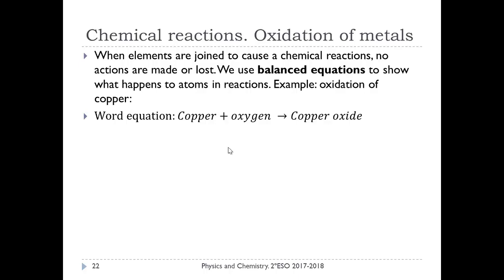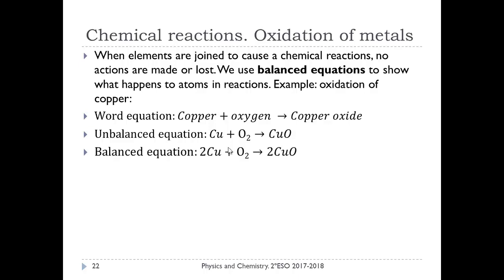If we were just using atoms, it would be copper plus O2 gives copper oxide. But as that's not possible, we have to use a balanced equation, which means that two atoms of copper join with the two atoms of the molecule of oxygen. Copper can make 2 bonds, and oxygen has 2 bonds left, so they combine perfectly.